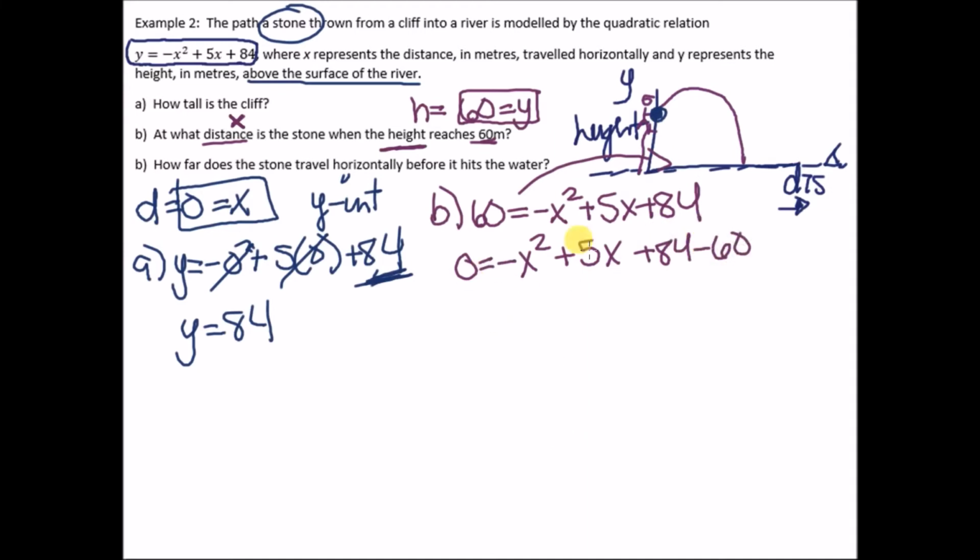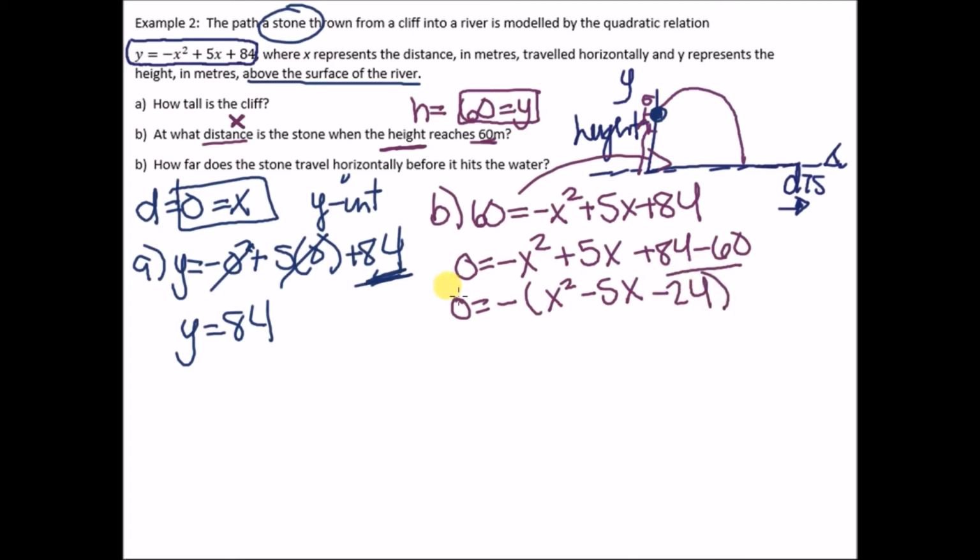We always have to have this equation equal 0 in order to factor it and solve for x. This time I'm going to pull out the negative sign. We have x squared minus 5x, and this originally was 24, so we have negative 24.